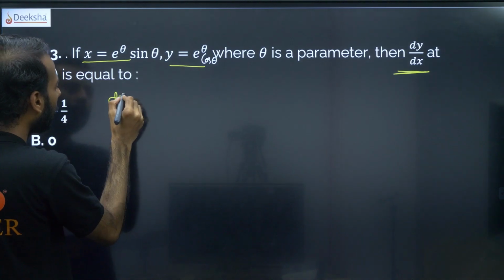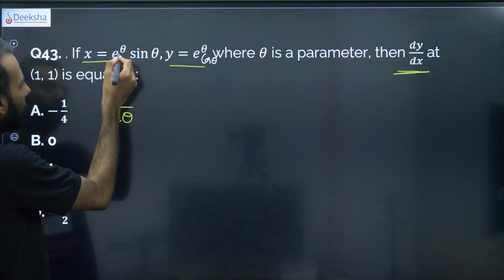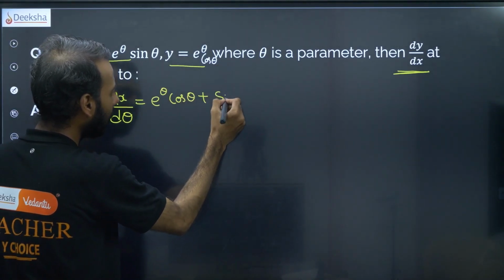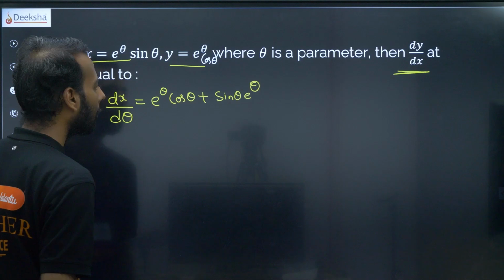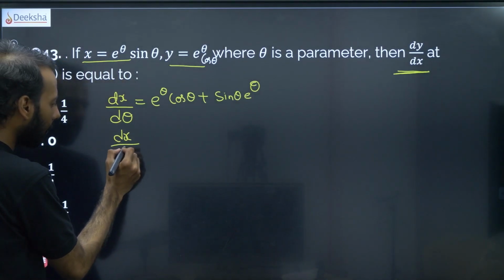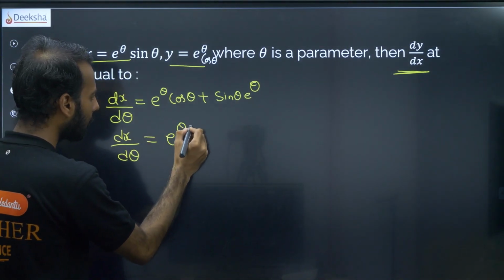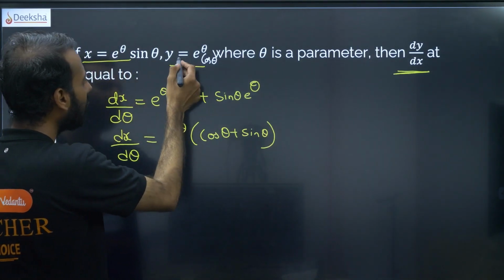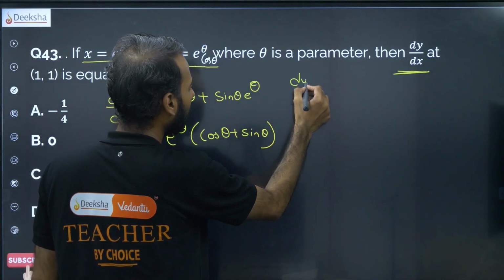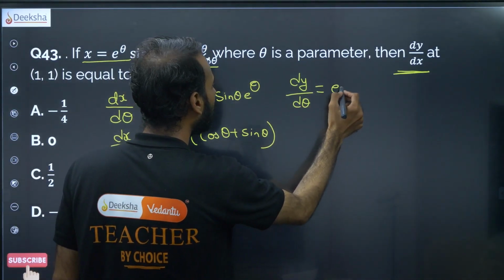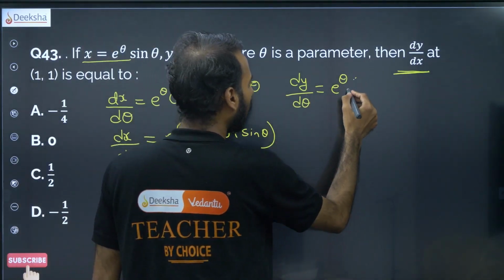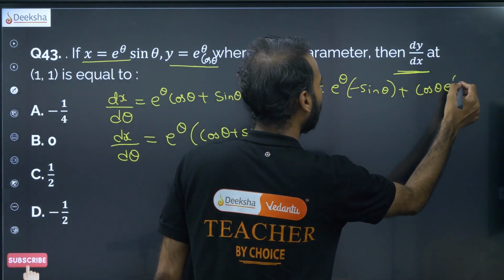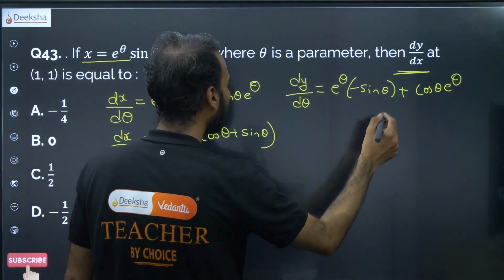So dx by d theta, if I differentiate this, I get e raised to theta times sine theta plus cos theta, so dx by d theta is e raised to theta cos theta plus sine theta. Next, y is equal to e raised to theta cos theta. Differentiating with respect to theta on both sides, dy by d theta is e raised to theta times negative sine theta plus cos theta as it is. So dy by d theta we also got.